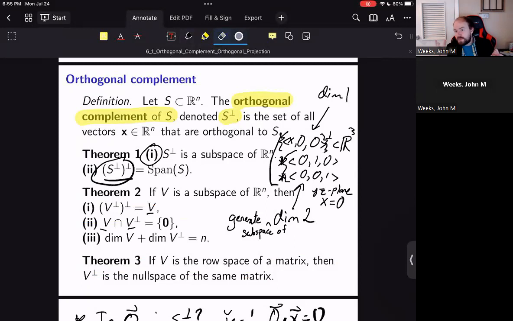Now, this isn't a proof, but it is something that helps us understand it. We know the rank plus nullity theorem tells us that the dimension of the row space plus the dimension of the null space should add up to n. So there's an analog here with this sort of result in calculating these dimensions. And indeed, for theorem 3, it turns out that these two things are both equal.